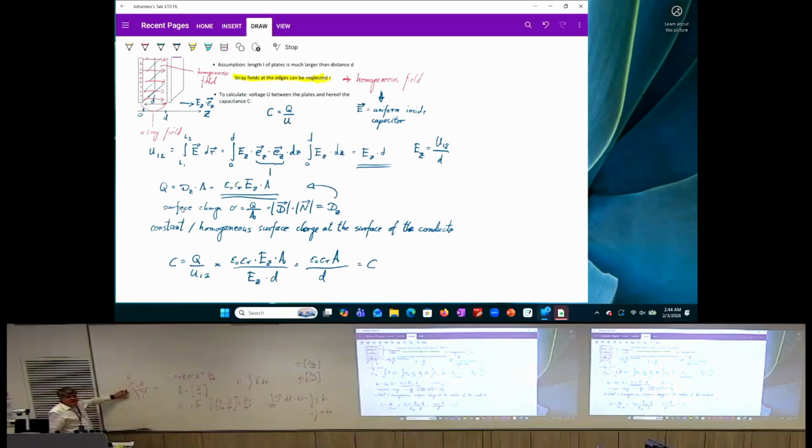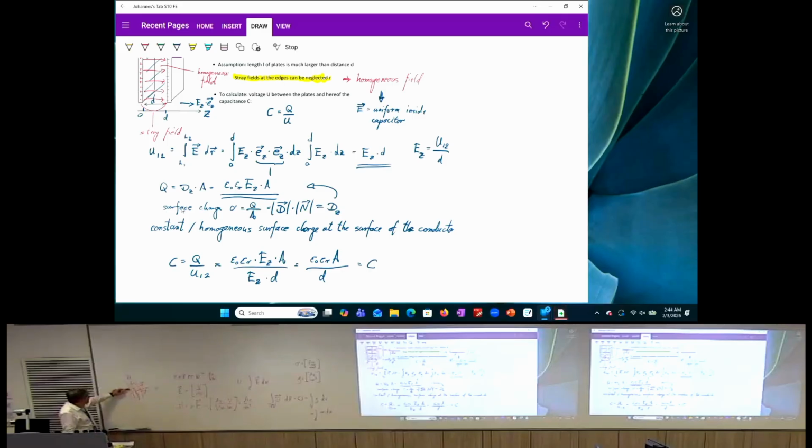Because it is a conductor, if you take this integral over this enclosed surface, then you will see that if you make this slimmer and slimmer, you have no contribution along these lines anyway. They would be perpendicular, or they would be aligned with the electric flux density.